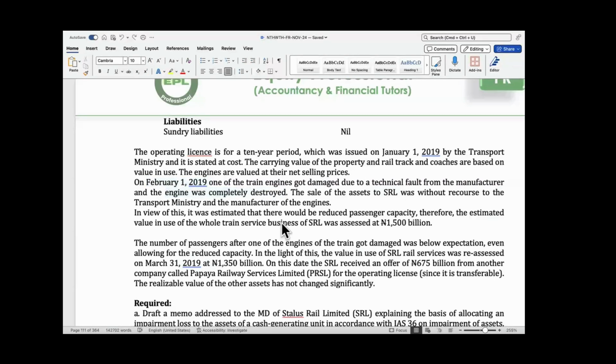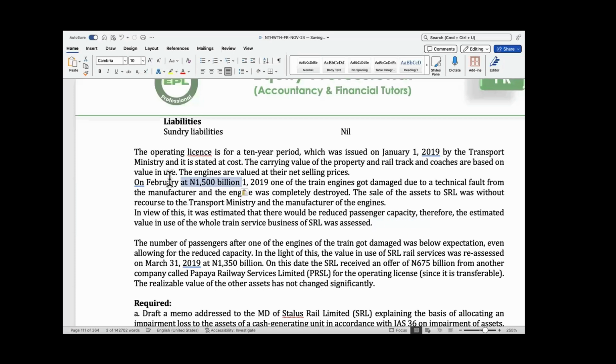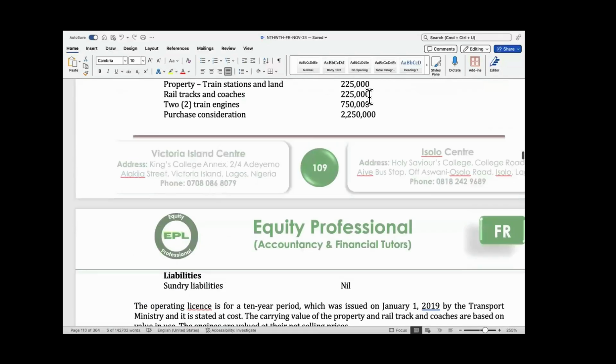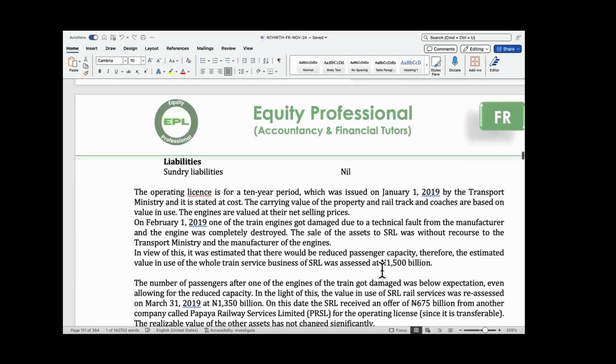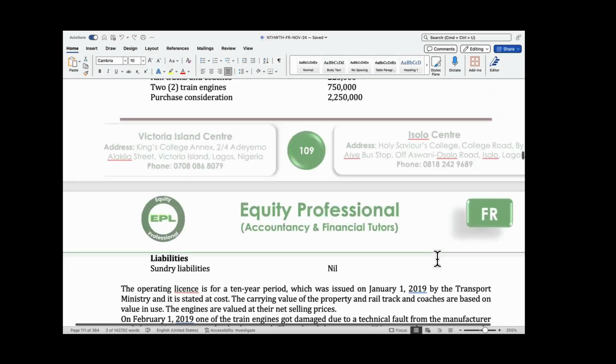They now estimated the value in use of the old twin business to be 1.5 billion. So first thing we need to do in February is to calculate the impairment loss for the twin station, which is the carrying amount, 2.2, minus the value in use of the twin station. That will give me 750.